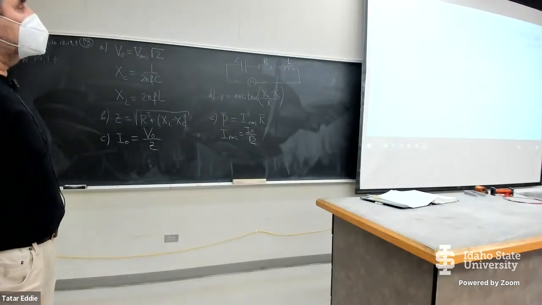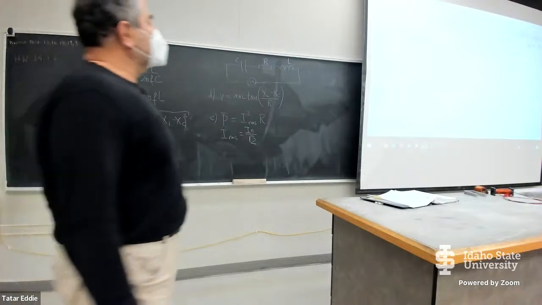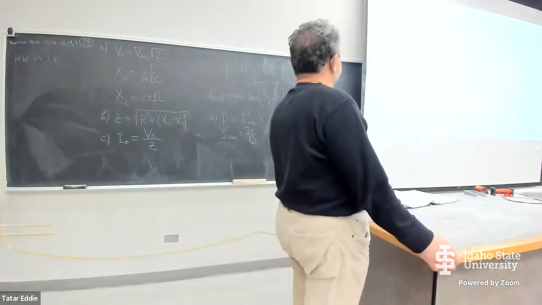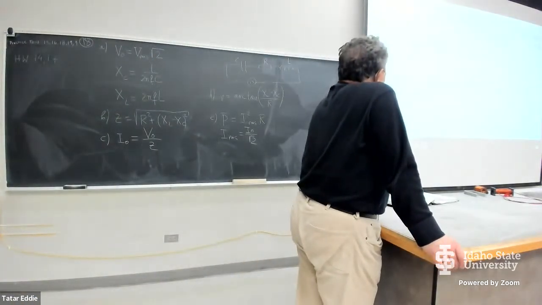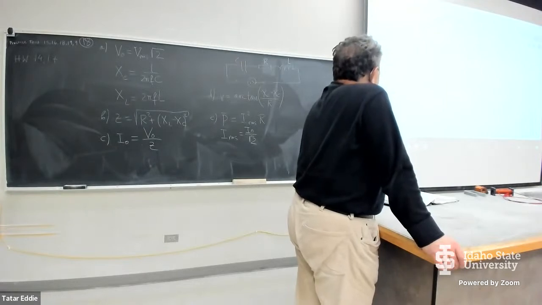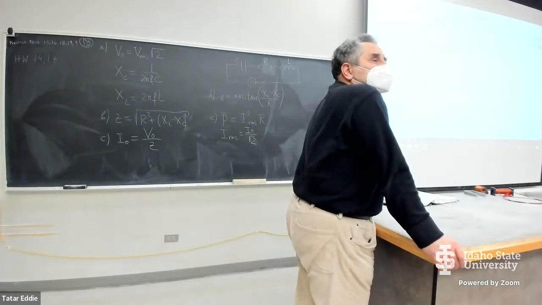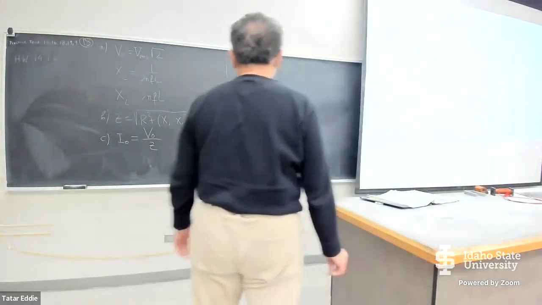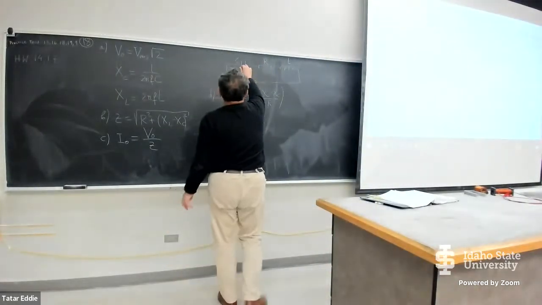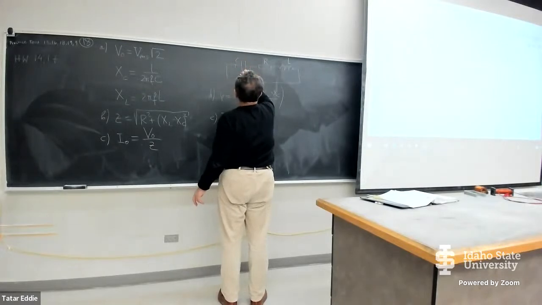Part F. What are the peak values of voltages across inductor, resistor, and capacitor? So this one, you have to be more careful. So here is where you measure voltage across a capacitor.